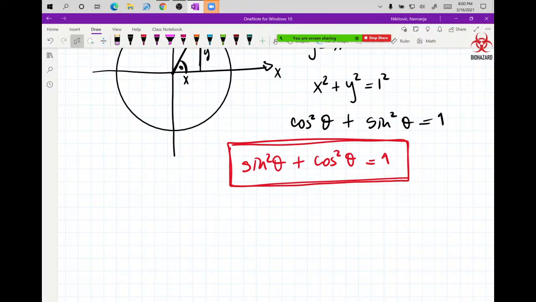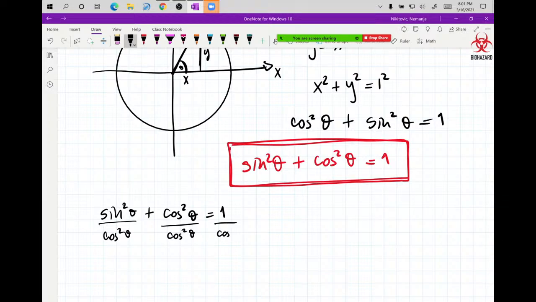Once you have this one established and you know it, you can come up with two more. Let me write it one more time. If I divide through by cosine squared everywhere, what do I get? Sine divided by cosine is tangent. Cosine divided by cosine is 1. And 1 over cosine is secant.